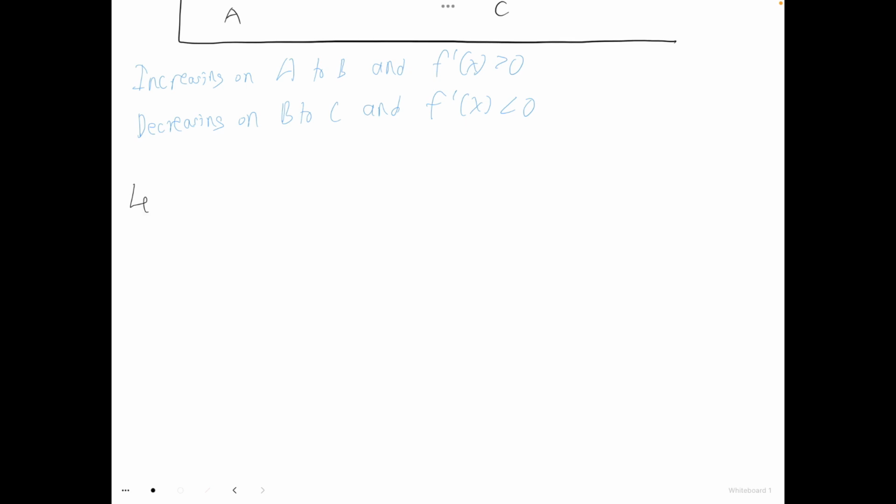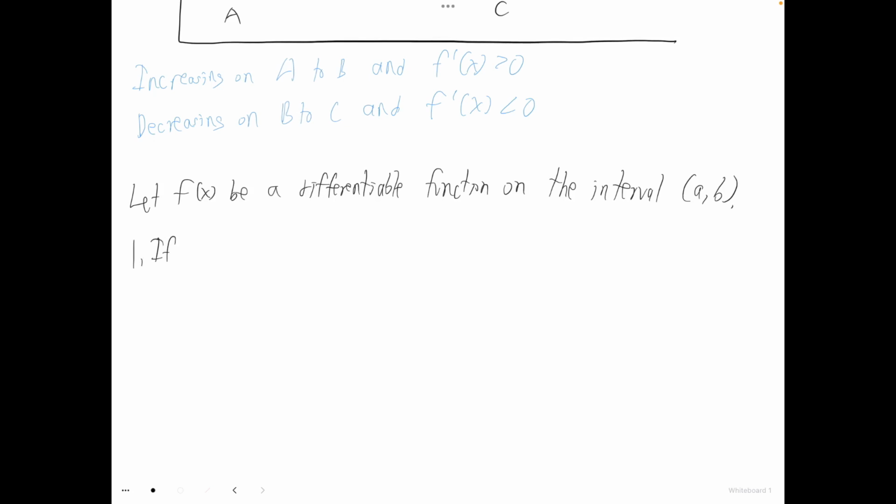And so if we let f of x be a differentiable function on the interval A to B, then the following is true.